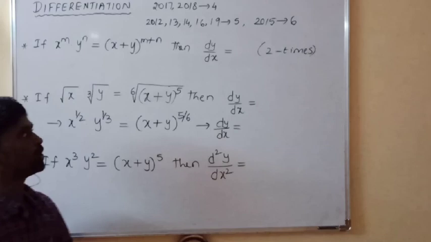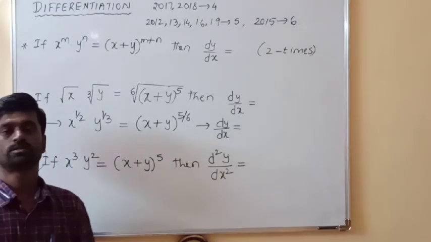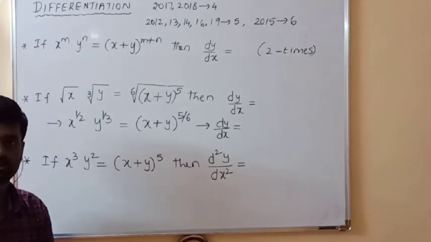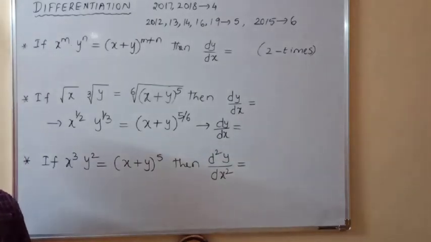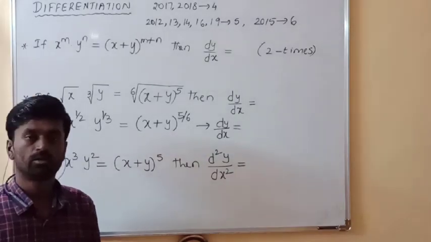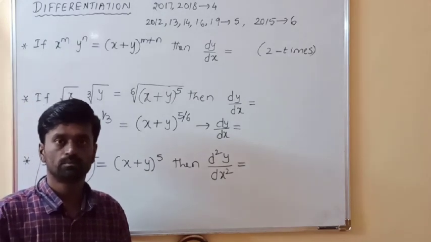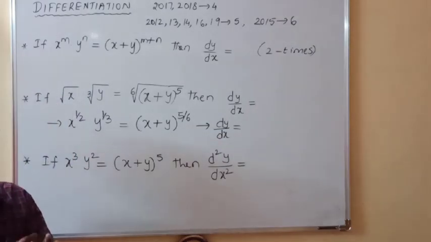See the first problem. All these 3 are the same model. In all these 3 problems the given equation is a homogeneous equation. So how can we identify whether the given equation is homogeneous?